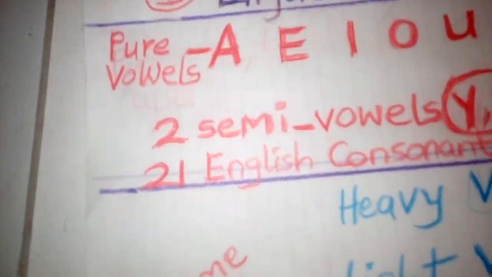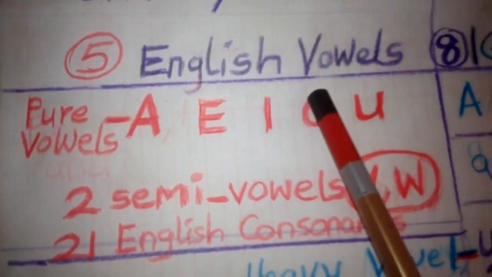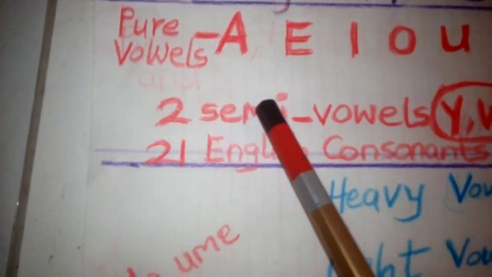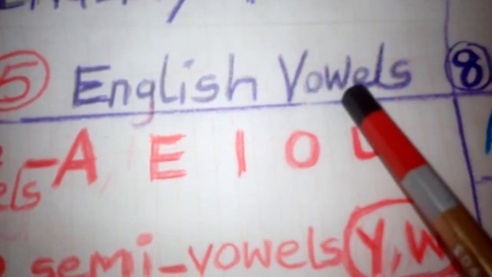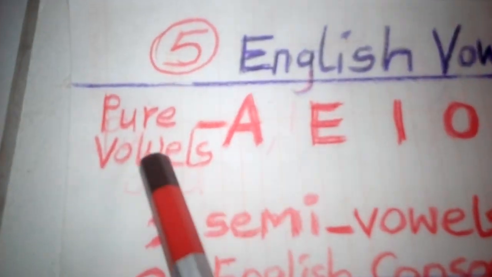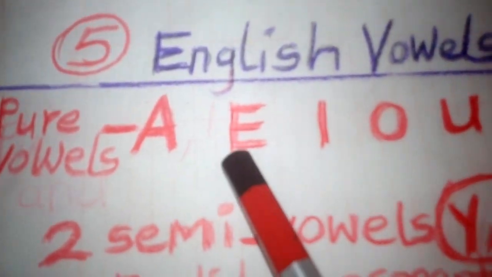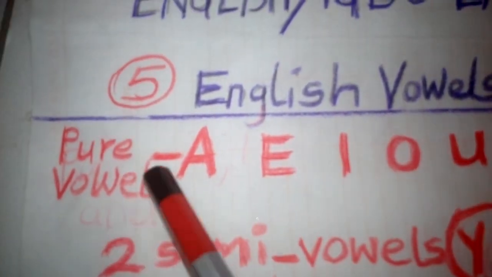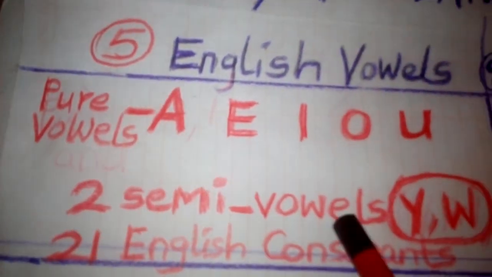So let me quickly show you about English. English vowels, they have 5 English vowels, like I told you. See it here, pure vowels. We call them pure vowels because we have some letters like Y and W that are semi-vowels.